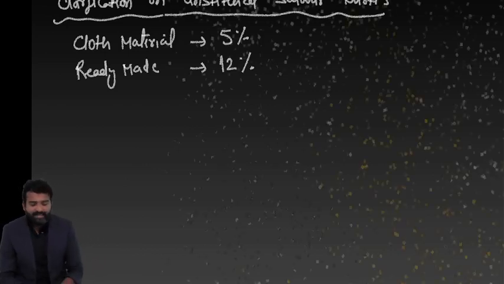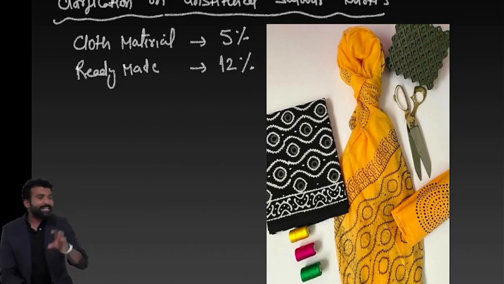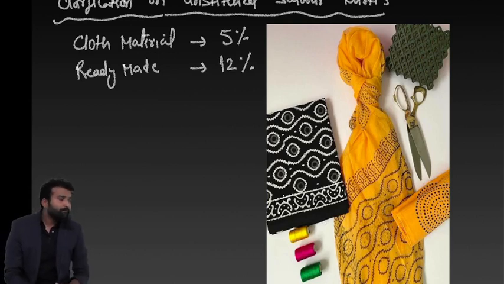Now what the company is doing is they are cutting the salwar suits, just cutting the designs. It's cloth material, but the company has already done all the cuttings. Means the work left is only stitching. So now the question arises whether these unstitched, designer, already-cut salwar suits will be cloth material or ready-made wear.